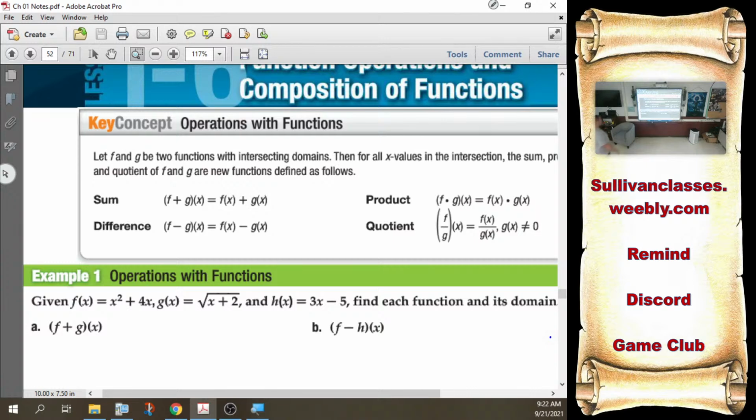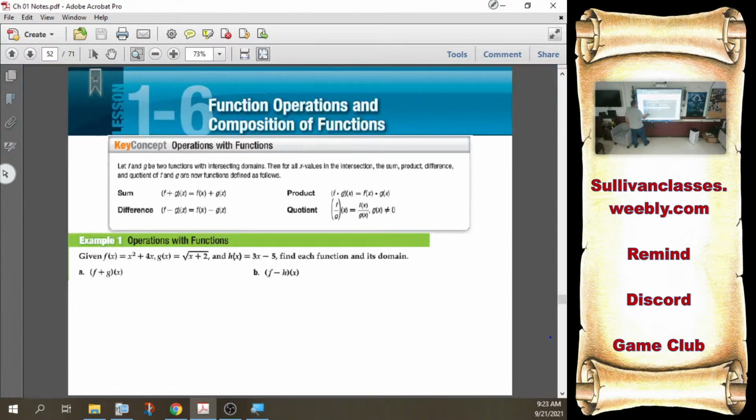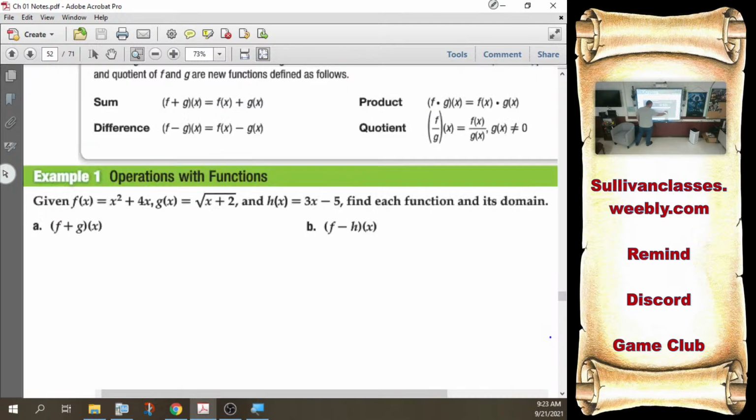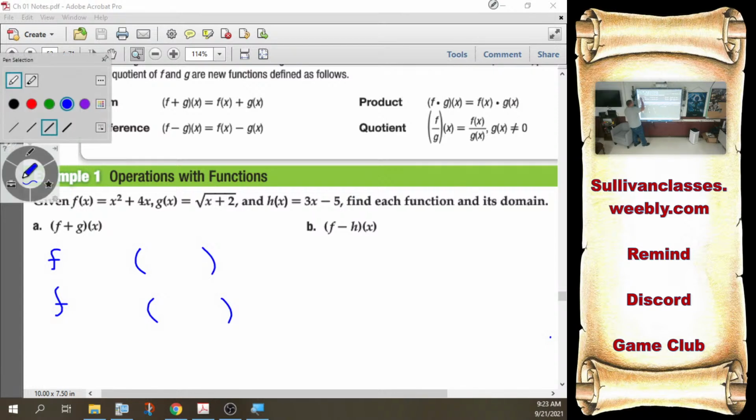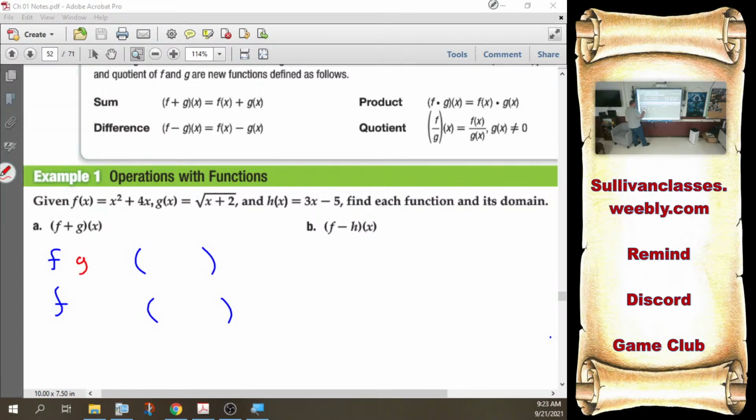Pretty simple. Whatever the rule is, you replace f and g and h with that rule. If this says f plus g, I will take the f rule and add it to the g rule. If this says f minus g, I will take the f rule minus the g rule.